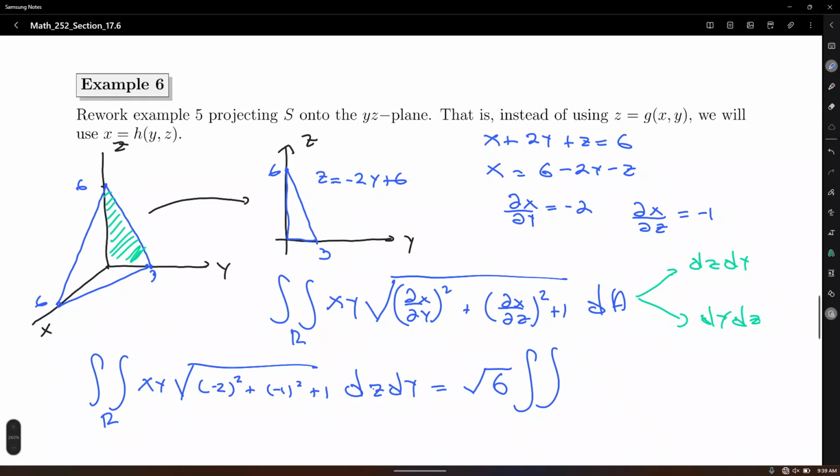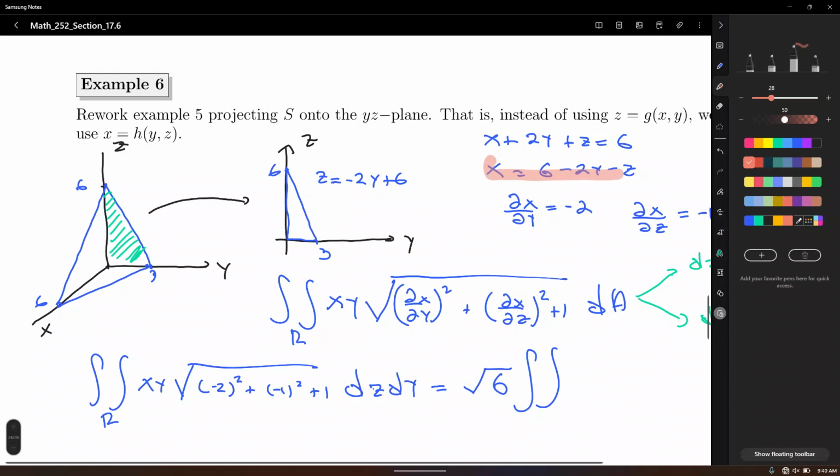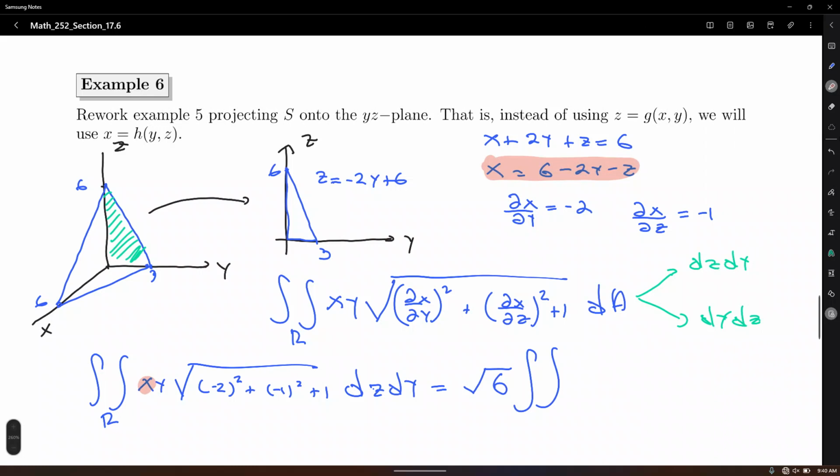We need to get rid of one of them, right? Which one? X, right? So use this x in terms of y and z to replace it, to have an integrand with respect to z and y as well, right?